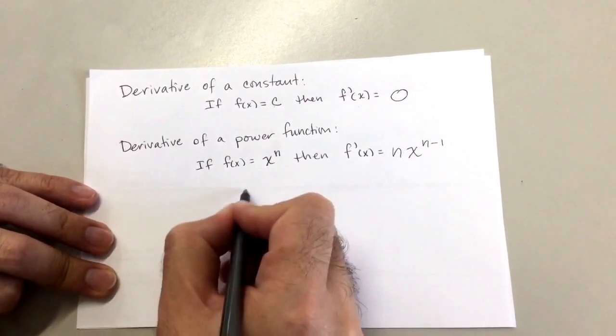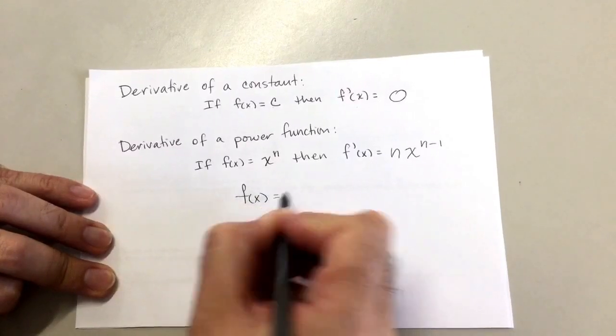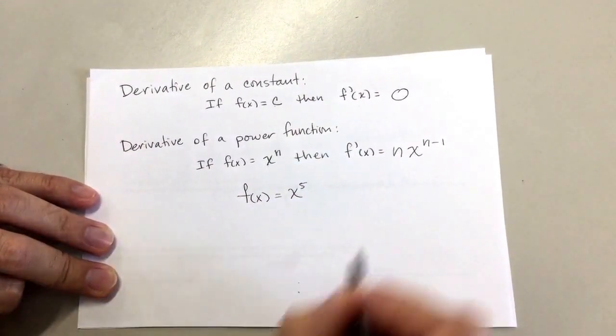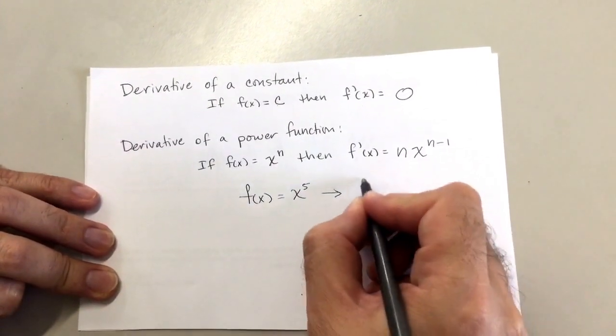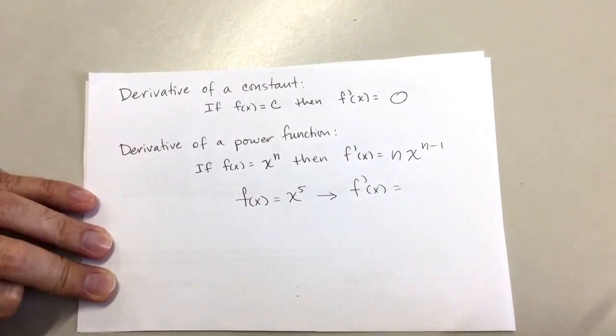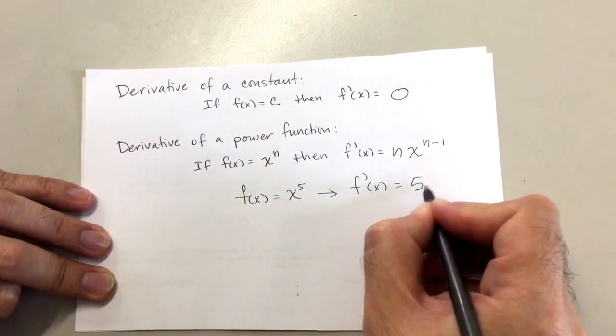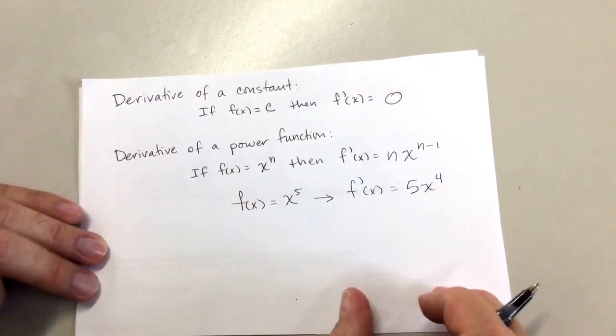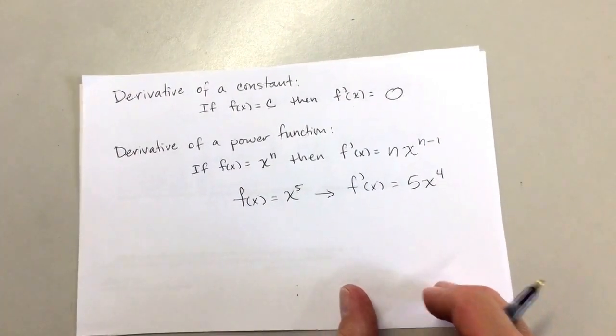For example, if f of x is x to the 5th power, then its derivative, f prime of x, is 5x to the 4th power. These are two of the basic ones.